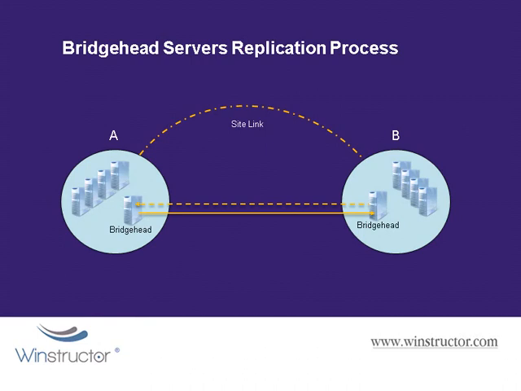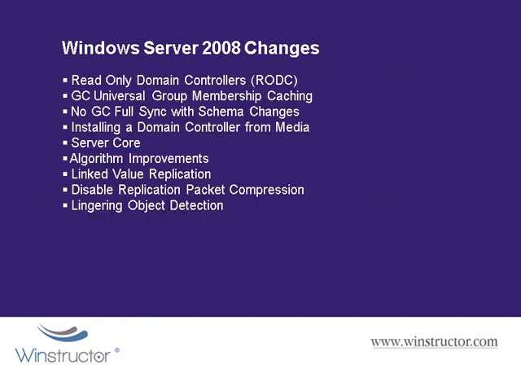Now, if site B does have updates, it'll send the updates to site A. If the data is greater than 50 kilobytes in size, it'll first compress it before transferring it to site A. Once all the data has transferred to the bridgehead server in site A, it'll then replicate this data to the other domain controllers within its site. As this replication is intra-site replication, it doesn't need to compress the data.